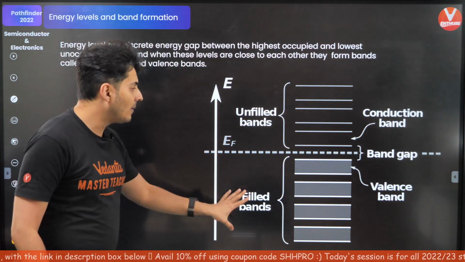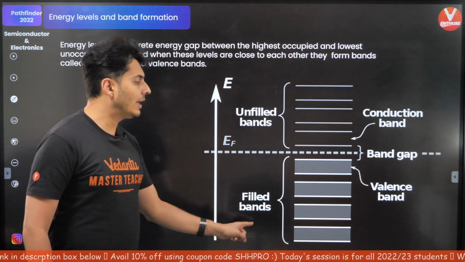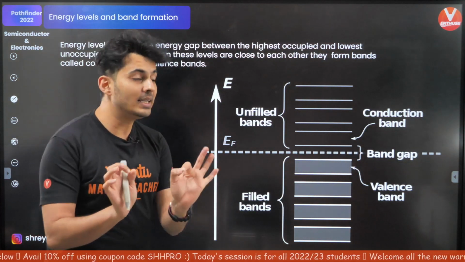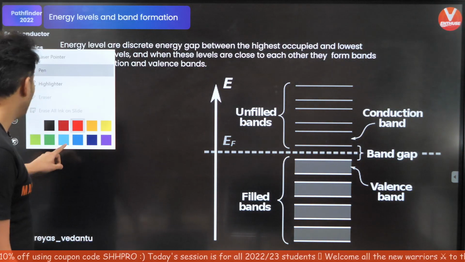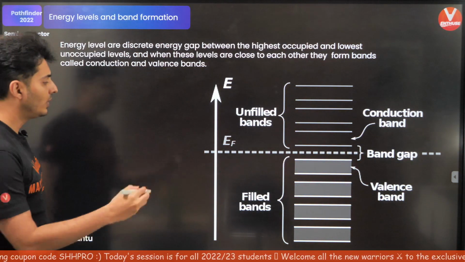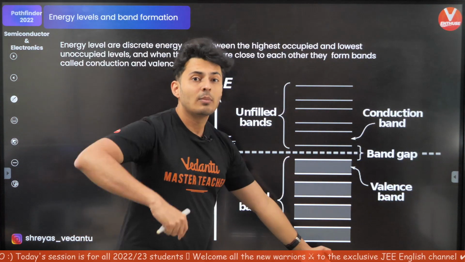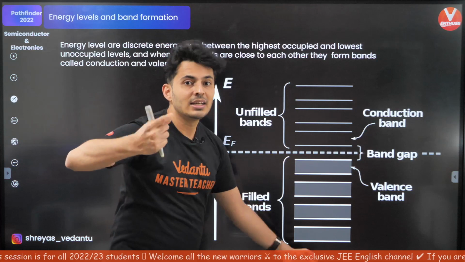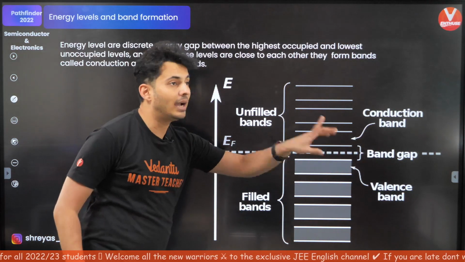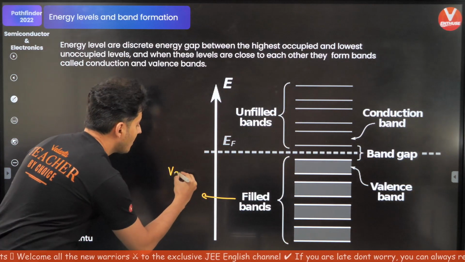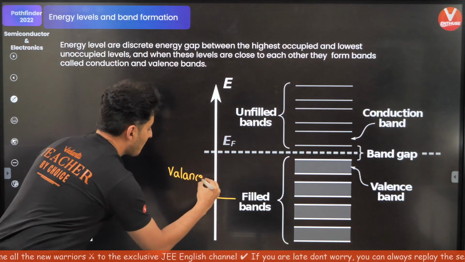All the ones which are completely filled are called the valence bands. Very, very important. So completely filled bands are called the valence bands, but the uppermost is called the valence band.